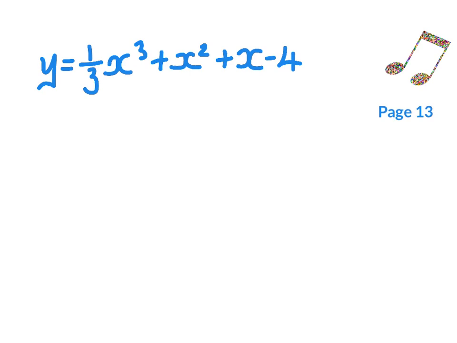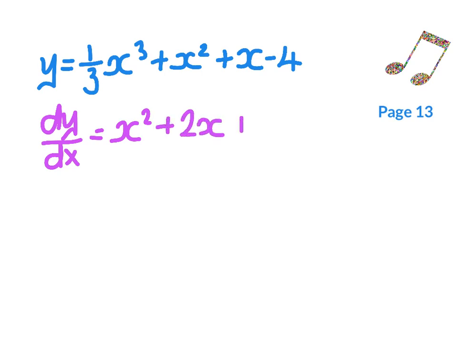Now there's no preparation required here, I can go right ahead and differentiate this as it is. So dy by dx, 3 times a third is 1, so that's x squared, plus 2x, plus 1. Now this, I'm thinking, oh, how do I know if that's always going to be positive? In this current form, it's not that easy to see. I'm going to go ahead and factorise.